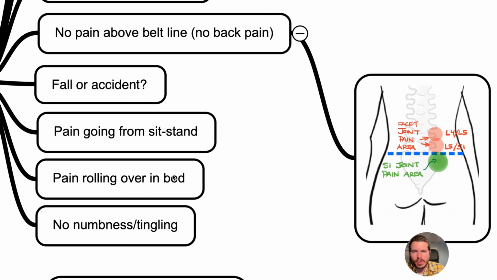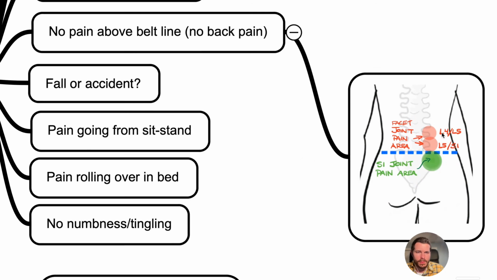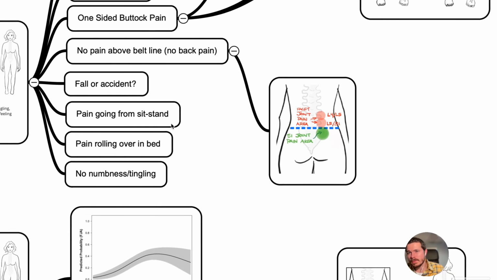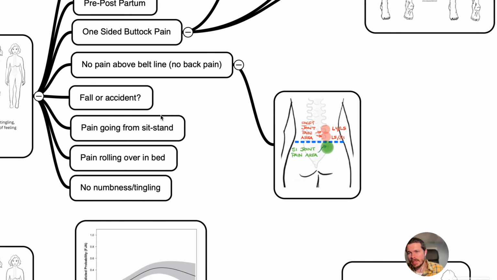No pain above belt line. Not many people with SI joint pain feel pain above the level of the belt line. So you can see it's usually one-sided below. Facet joint as well as disc problems are generally above, but not always. Fall or accident is common, and or something that really caused like an asymmetrical torque, if you will, to the pelvis. So a fall or accident not required, but is often something that occurs in folks who have SI joint issues.